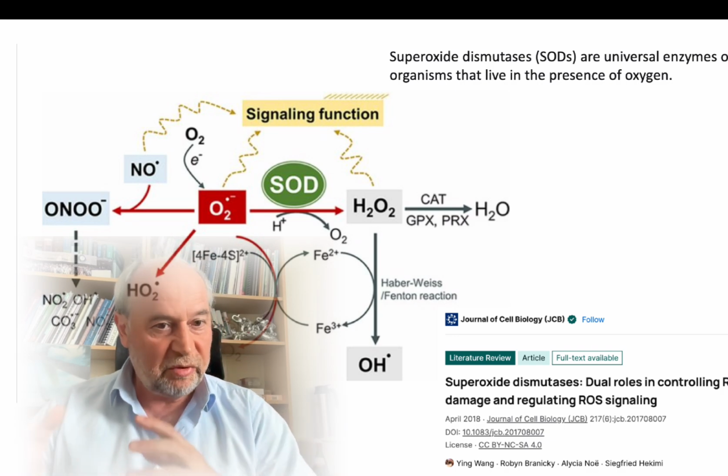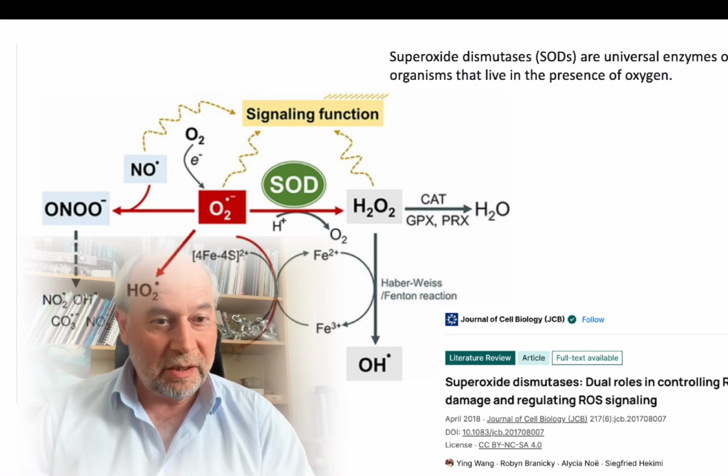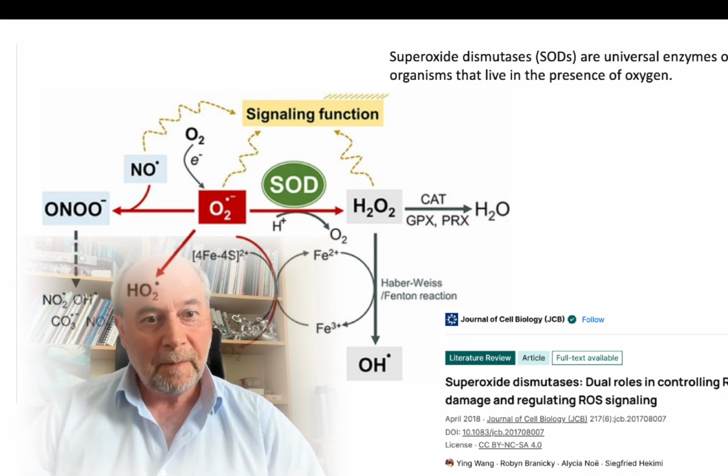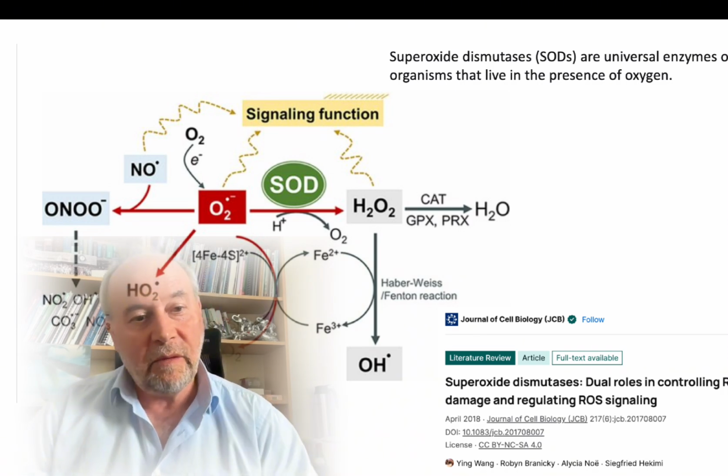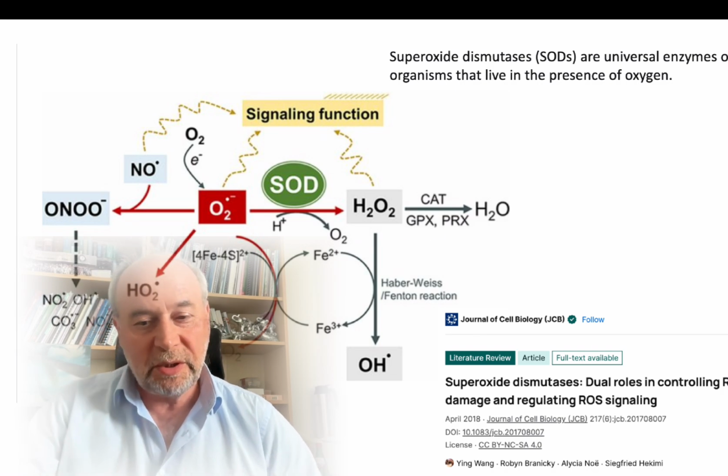So basically, to increase resistance of the cell line, we see that one of the mechanisms which the cell develops is to accelerate the removal of reactive oxygen species.